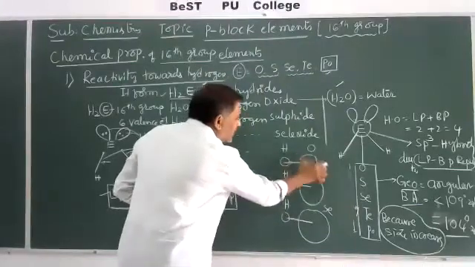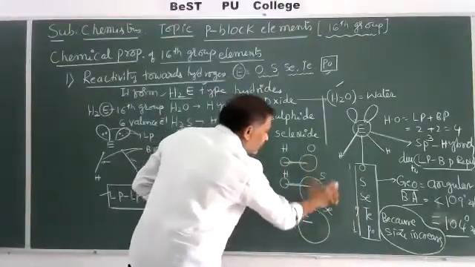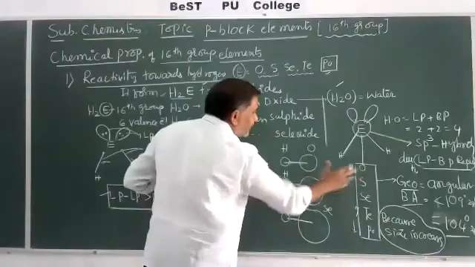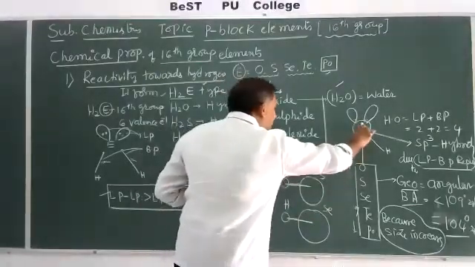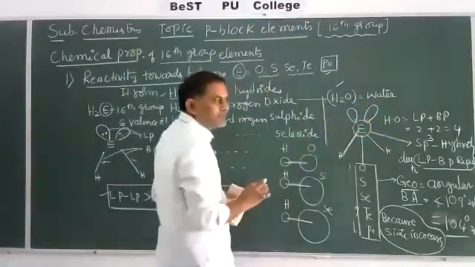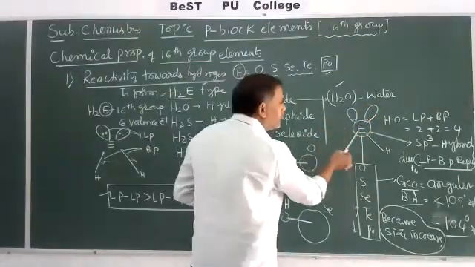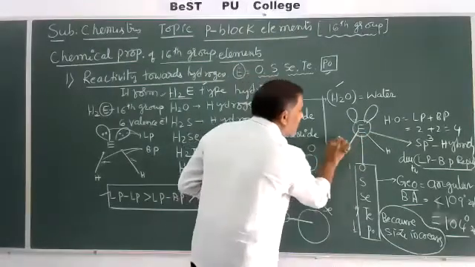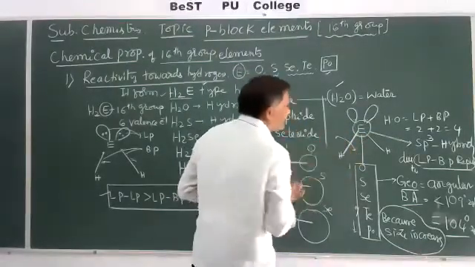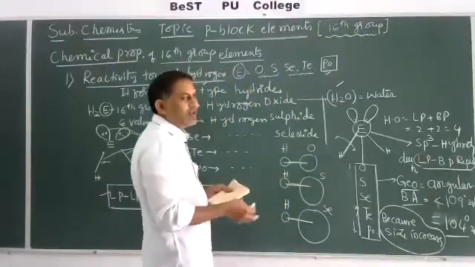From oxygen, sulfur, selenium going down, the atomic number and size increase, so the bond length between hydrogen and the central element increases. When the bond length increases, they are loosely bonded, the attraction is less, and they are ready to break up and produce H plus ions.